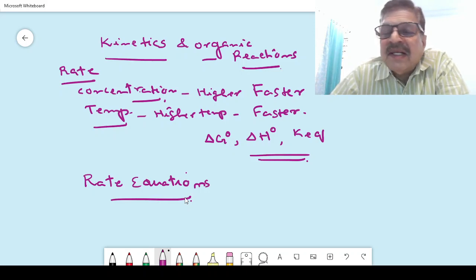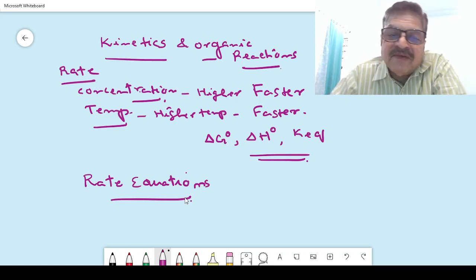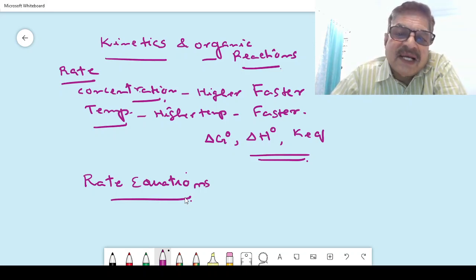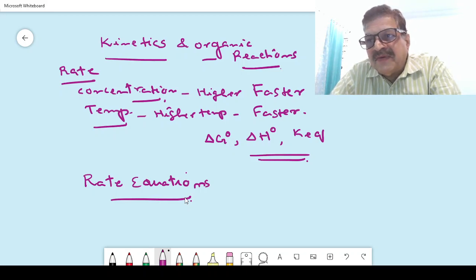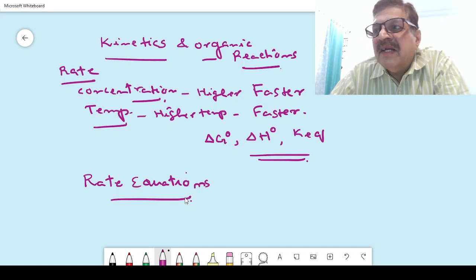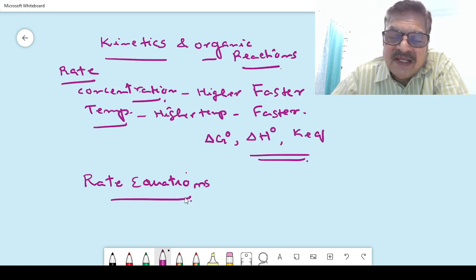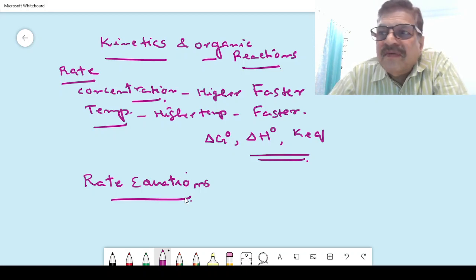The rate of a chemical reaction is determined by measuring the decrease in the concentrations of the reactants over a period of time.